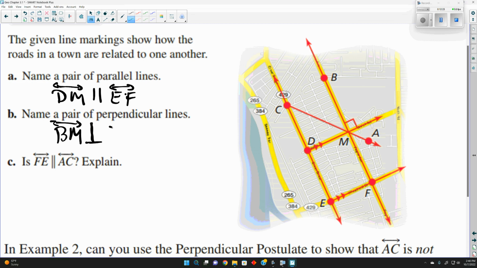Ray MA would be going this way here. So we could use M as one of our letters, but what would the other one be? D. MD. Questions on this here?